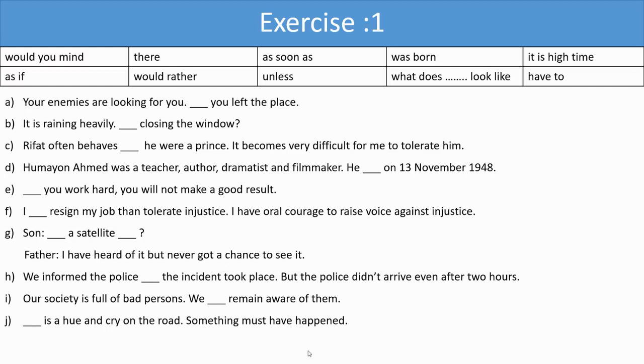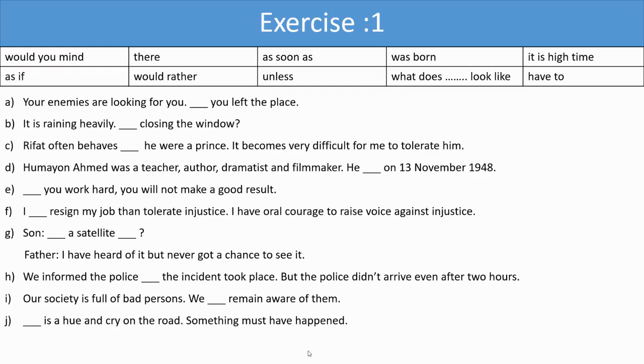Number D, Humayun Ahmed was a teacher, author, dramatist, and filmmaker. He was born on 13 November 1948. Number E, unless you work hard, you will not make a good result. Number F, would you work hard?